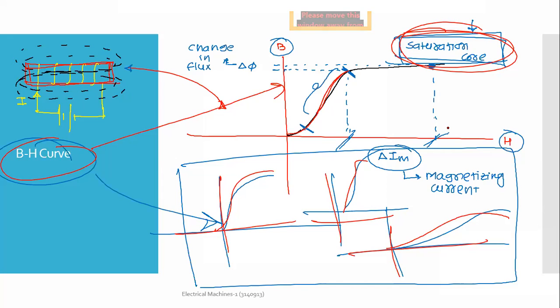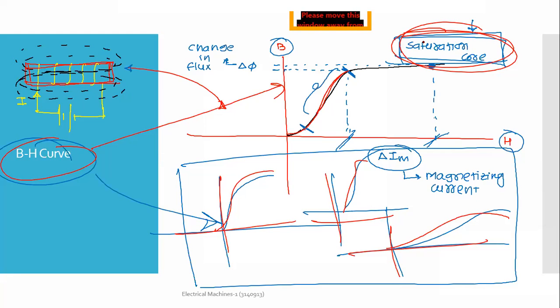So can you use the same material now as a core in any machine? Yes or no? If the core behaves differently every time you excite it, do you understand my question?